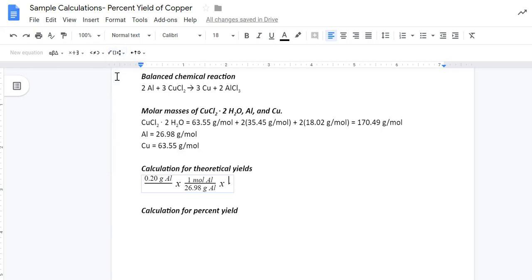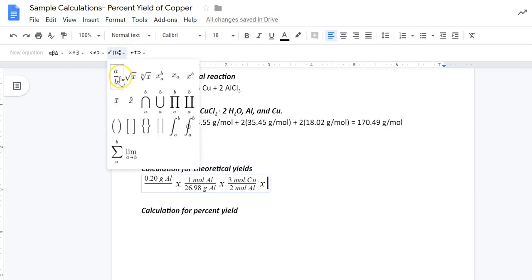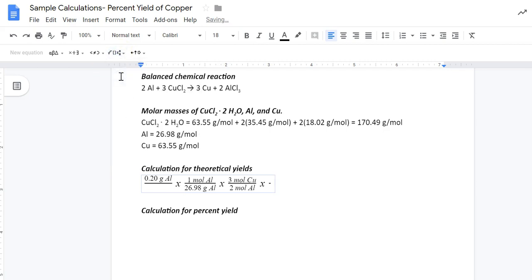Since my given is aluminum, but I'm solving for the theoretical yield of copper, I'm going to need a mole ratio. So looking at my balanced reaction that we already typed up, we can produce 3 moles of copper from every 2 moles aluminum. Lastly, if we want the theoretical yield of copper, we want to solve for grams of copper.